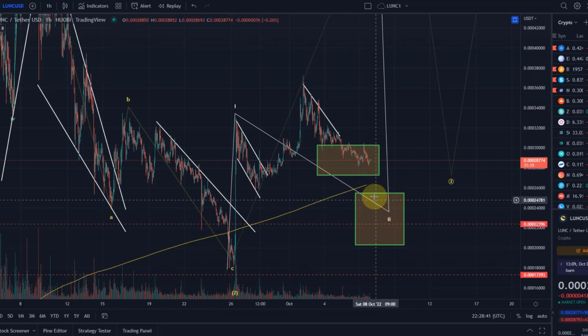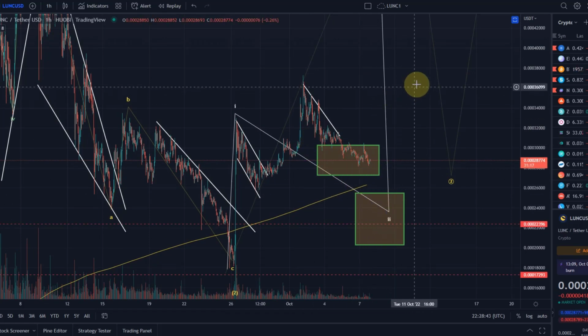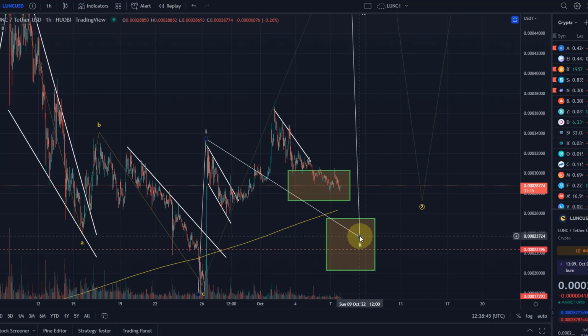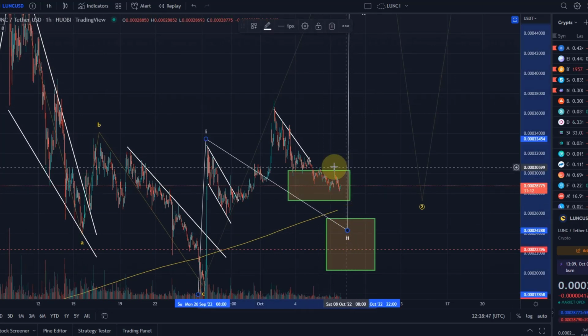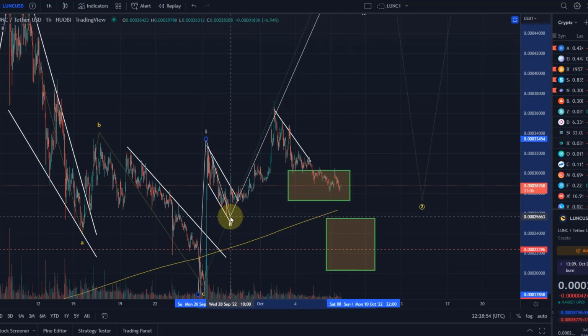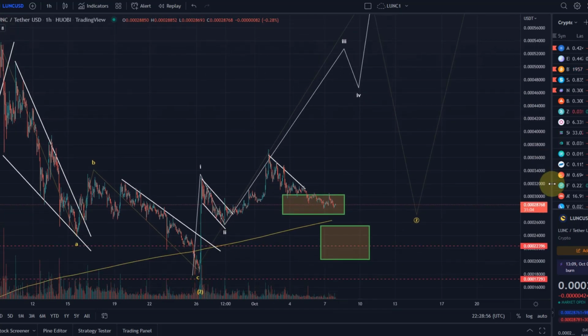But my take on this is, if we hold in this particular area, the higher one that I mentioned, then the wave 2 was already in here, and we are currently working on another 1-2 setup. So it would look a bit like that.